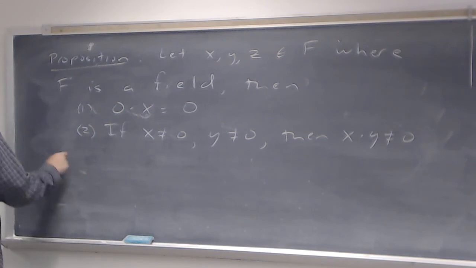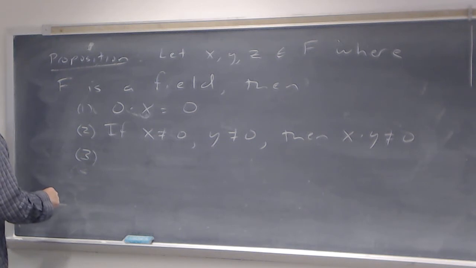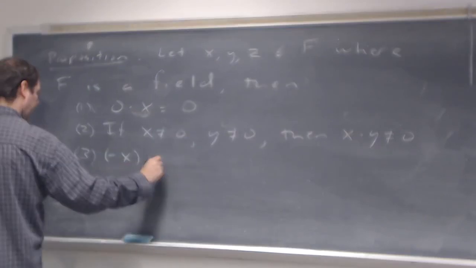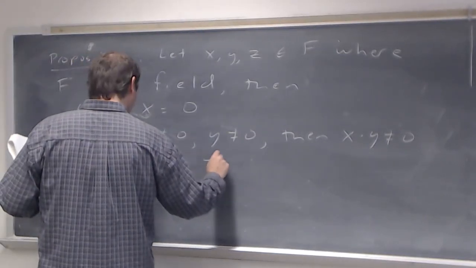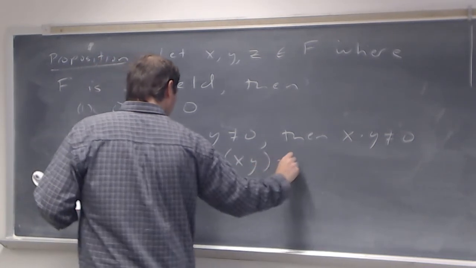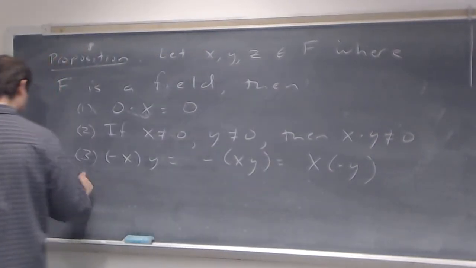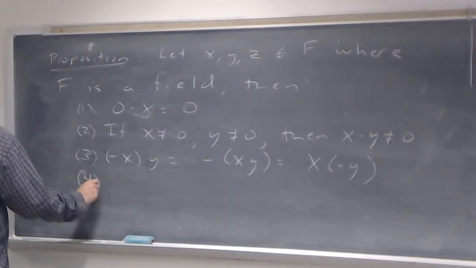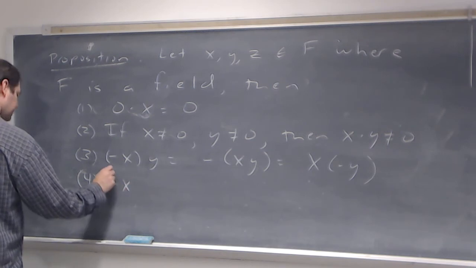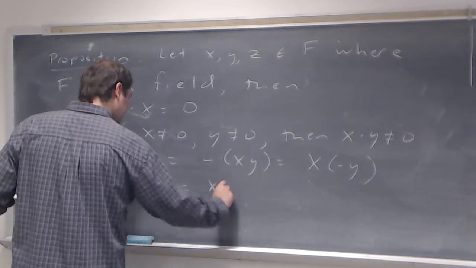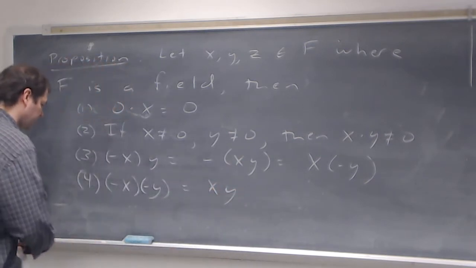Three, minus x times y will be equal to minus the quantity xy, which is equal to x times minus y. Fourthly, minus x times minus y is equal to x times y. So we want to prove these.